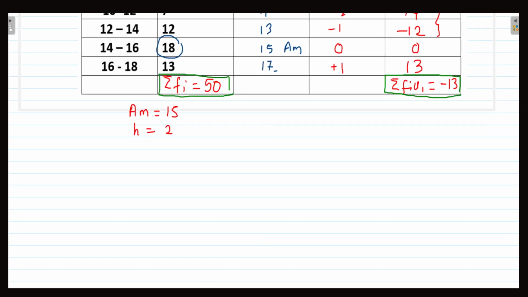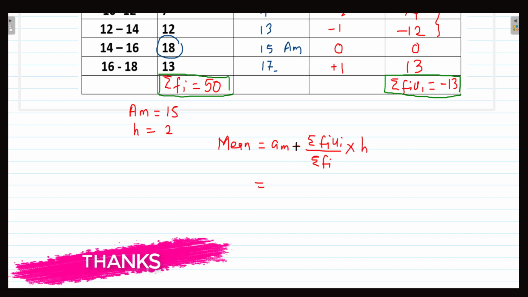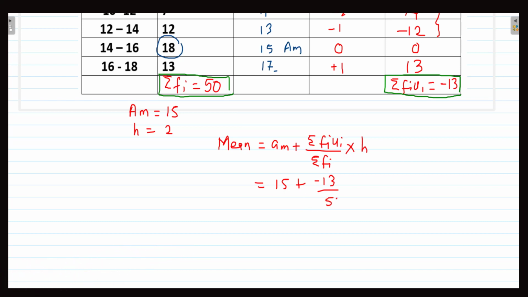So here the formula is mean is equal to assumed mean plus summation of Fi ui upon summation of Fi multiplied by h. Which is equal to assumed mean 15 plus summation of Fi ui, -13, upon summation of Fi, 50, multiplied by h, that is 2.